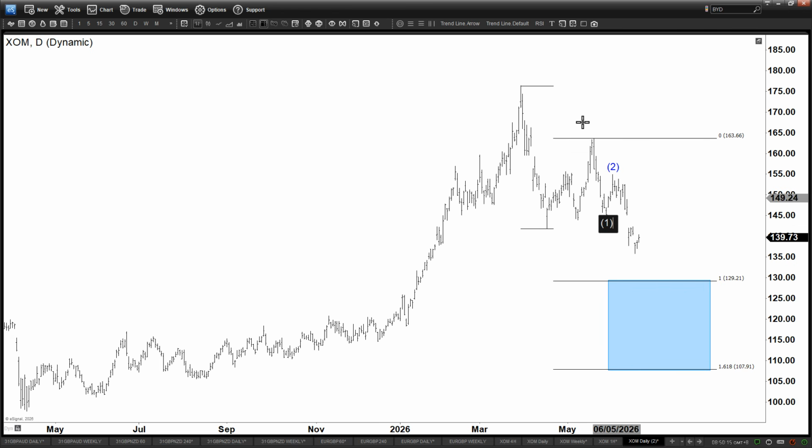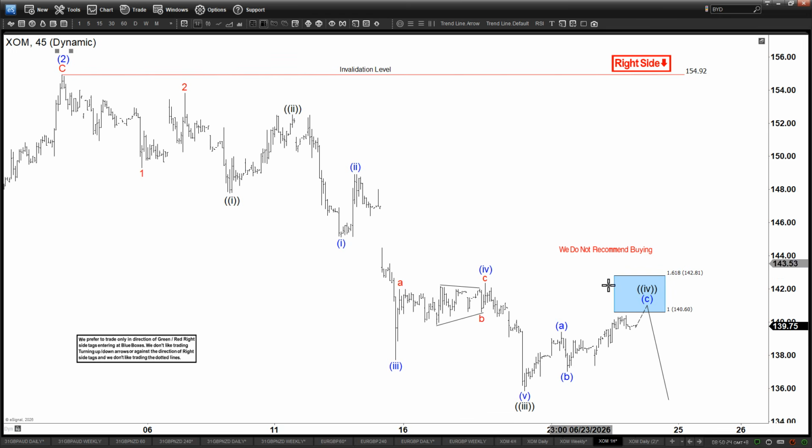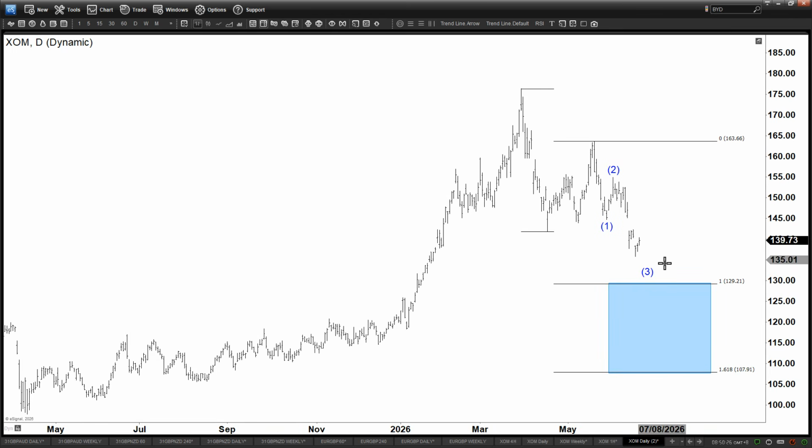You can think of this as an ABC where we're in the C. So that 3 could still be a little bit lower, which is what we are calling right now, or it could be finished here and we could be doing a bigger 535 ABC like this, for example. And still, because we have not yet reached the 100% and we still look like 3 waves, it still has a chance to do one more leg down and ideally reach 129.